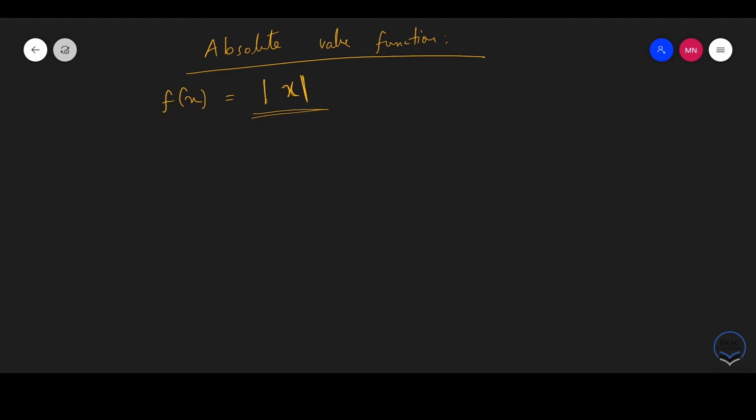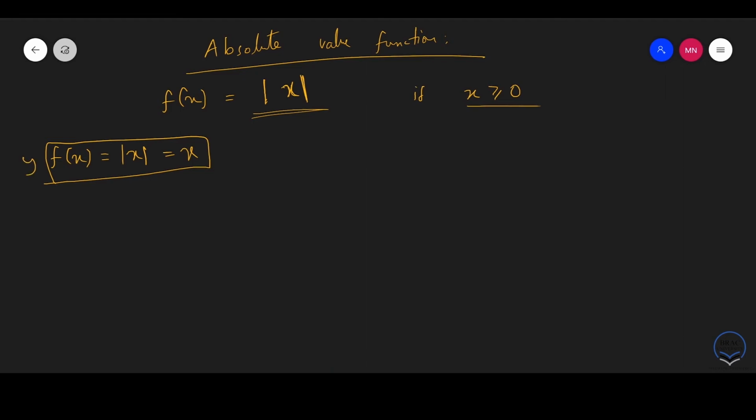Right, so if we were to graph this function, we know that if x is greater than or equal to 0, then f of x should be equal to the absolute value of x, which will be just equal to x, right? From the explanation that I have said previously, f of x should be equal to x if x is non-negative, and we know that y is equal to f of x.